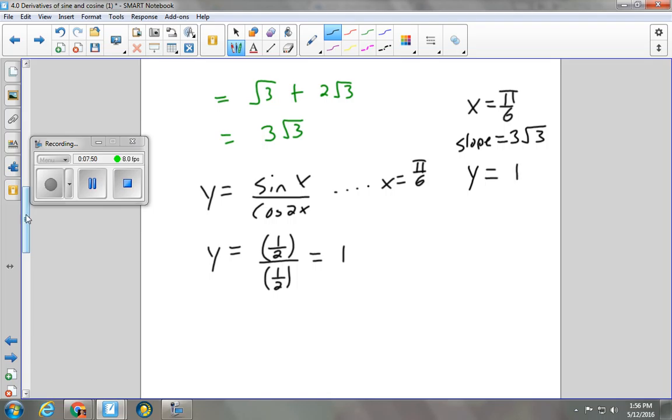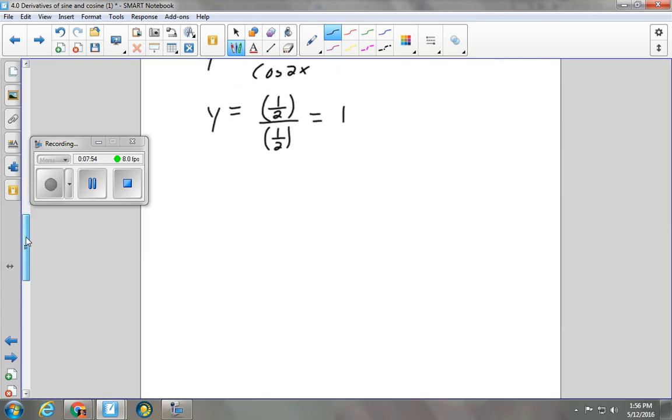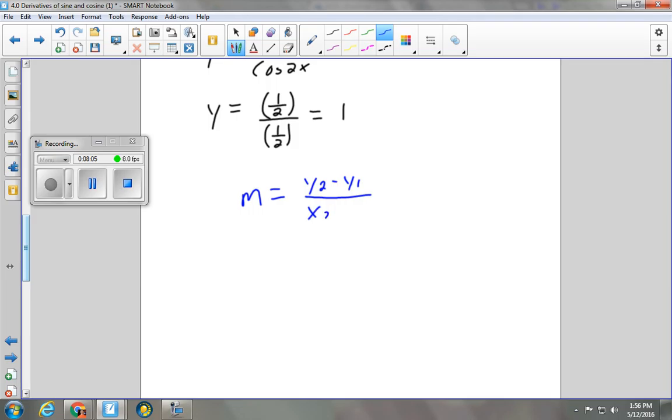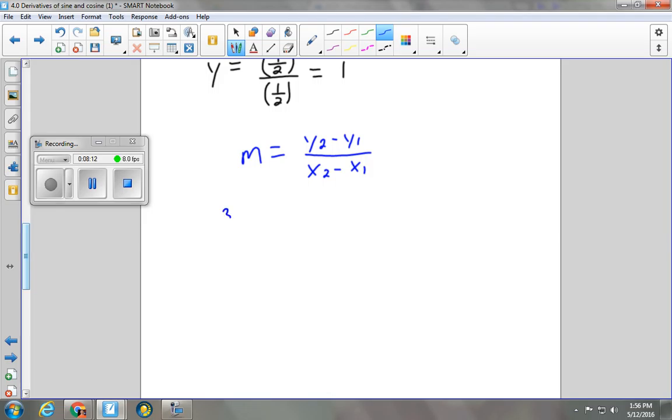Now that we know these three things, we can put those into our slope formula. So our slope formula, m is equal to y2 minus y1 over x2 minus x1. We know the slope, 3 root 3. We know one of our y's was 1.